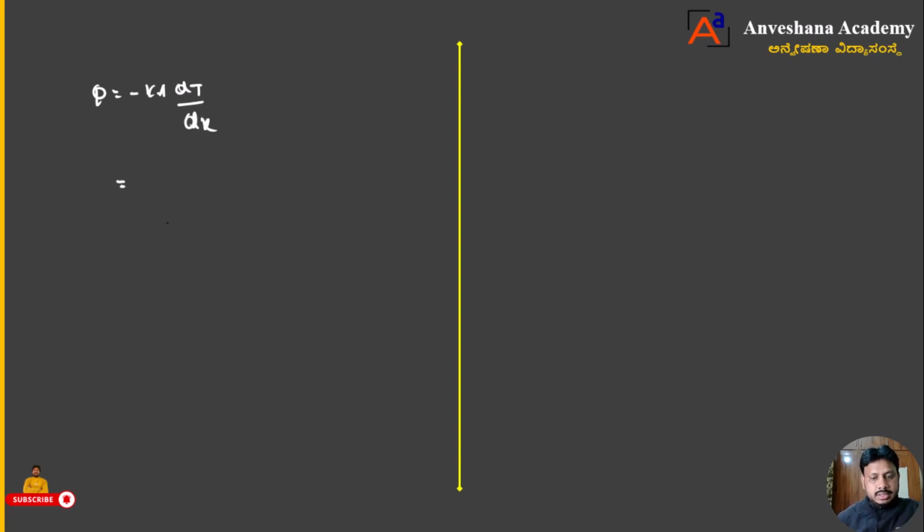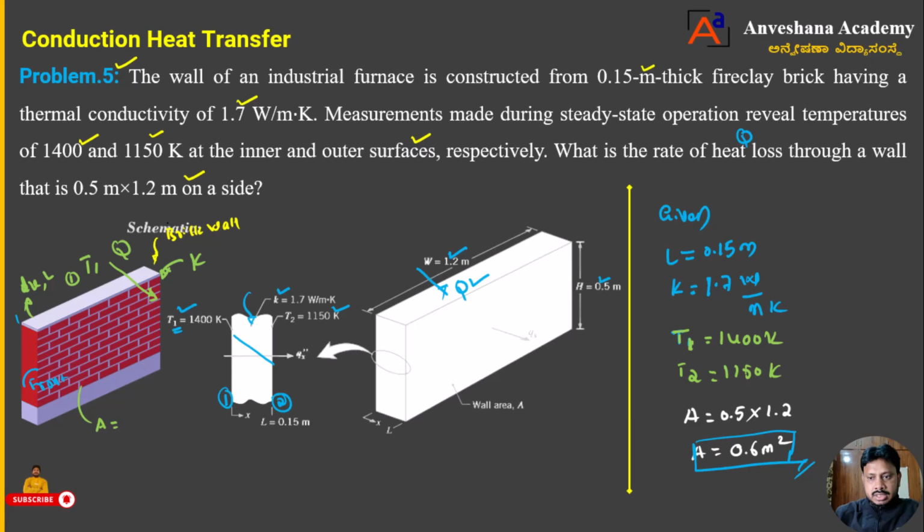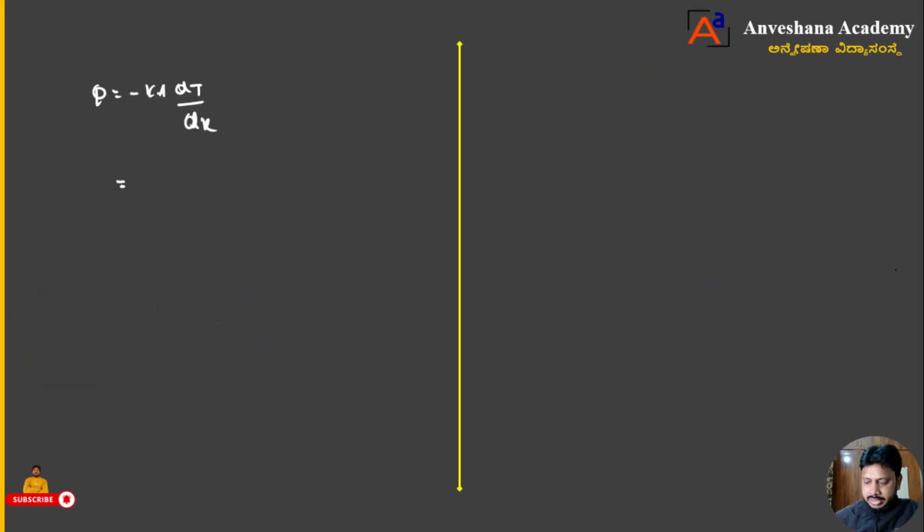What is k? It is the thermal conductivity, 1.7 watt per meter Kelvin. He has given the data in terms of Kelvin.